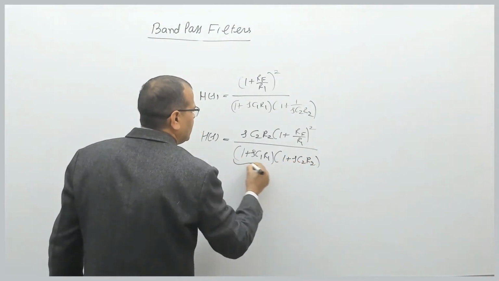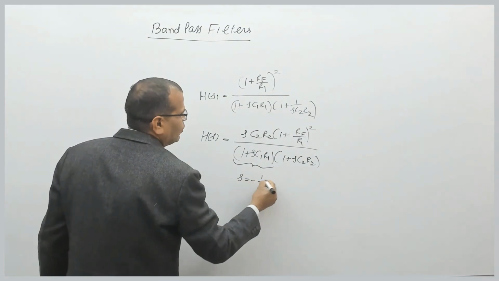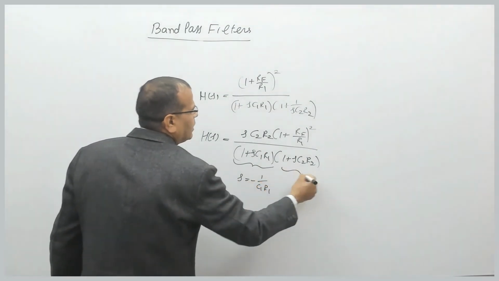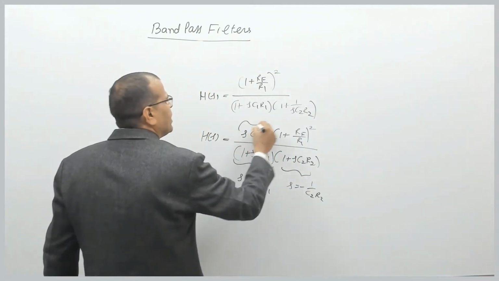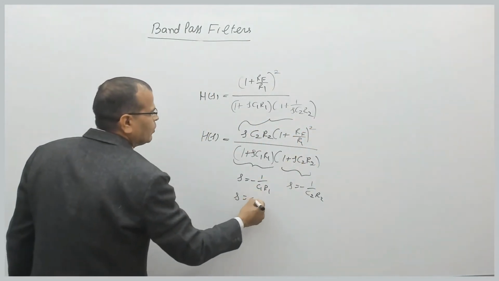So this gives me one factor, which is S equal to minus 1 by C1 R1. The other factor gives me S equal to minus 1 by C2 R2, and the numerator has only one term, so that gives S equal to 0.